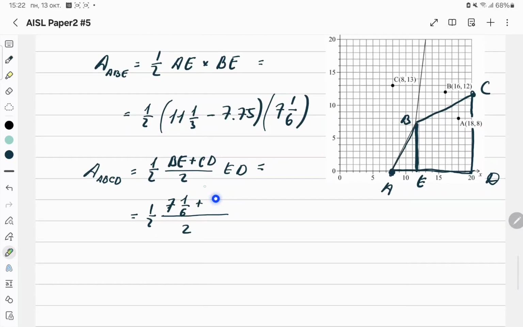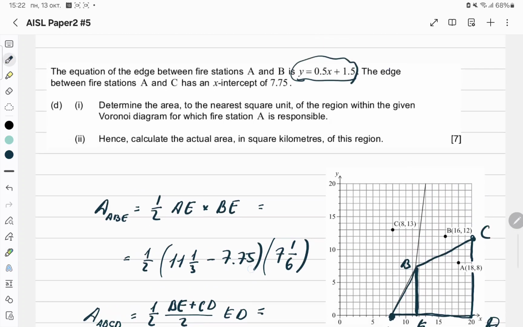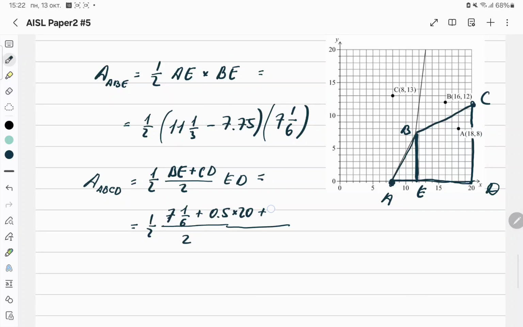So 0.5 times 20 plus 1.5. This is our CD. And now ED is 20 minus 11 1/3. Okay, this is our ED.